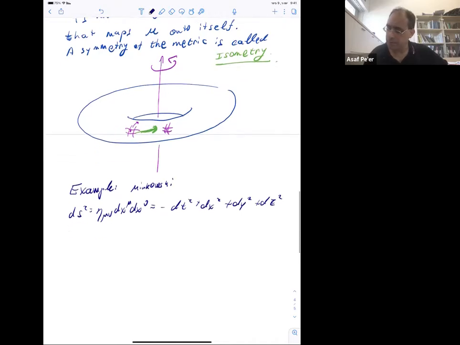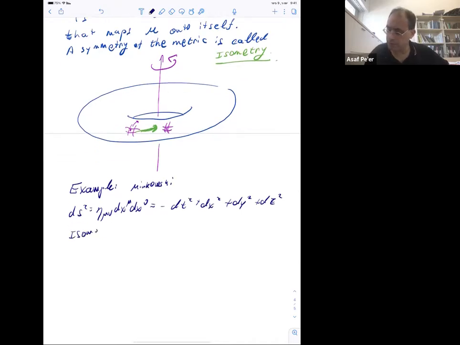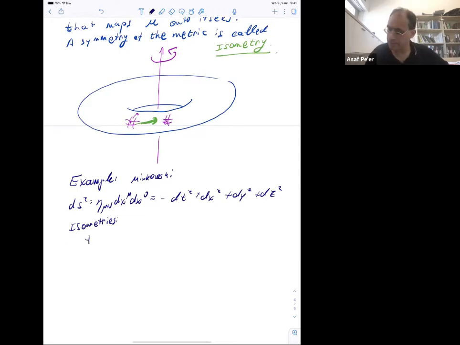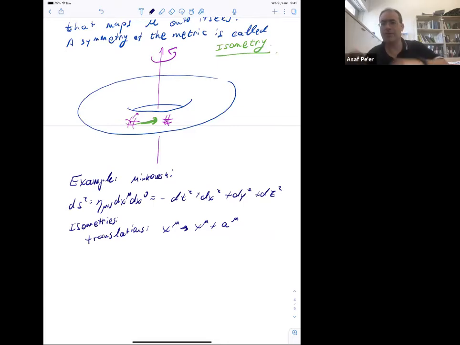Isometries would be translations. If I do a translation from one point to the other, x mu goes to x mu plus a mu, where a mu is some constant, the metric is not changed. I'm seeing the same space here and here.